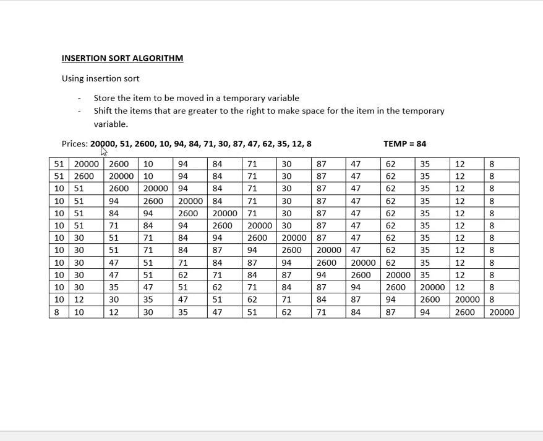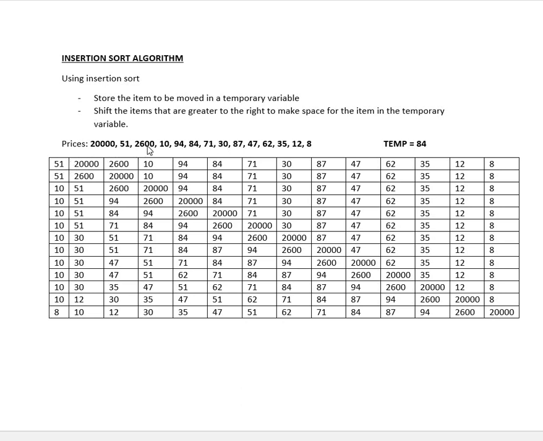So let us look at the first two numbers in this list. There are 20,000 and 51. We see that 51 is smaller than 20,000, but 20,000 is in the first place. So we remove the 51, put it in the temporary variable, shift everything down to the right, and place the 51 at front, right?